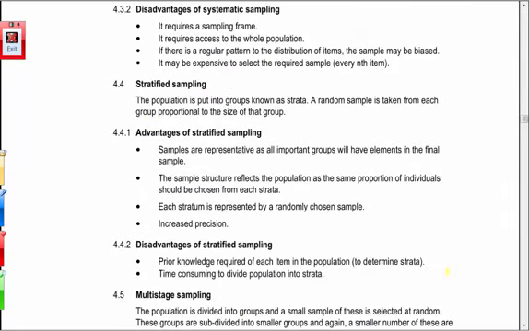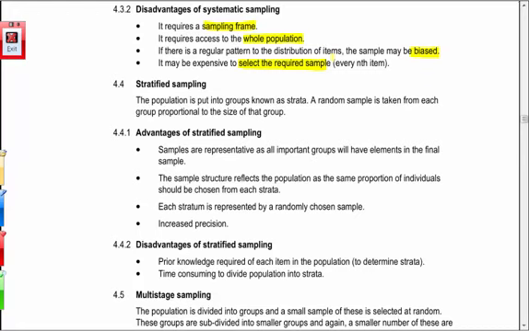To use systematic sampling, though, you need some kind of sampling frame, and you also need access to the entire population. If there is a regular pattern, then you will end up with some bias in the sample, and it still can be expensive to select every nth item and actually go ahead and sample it.